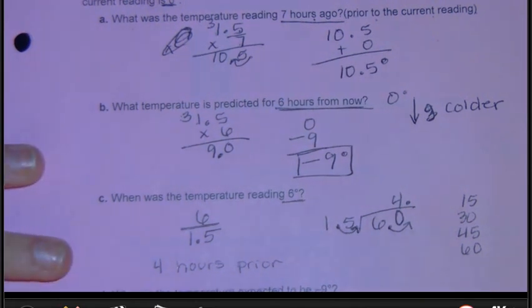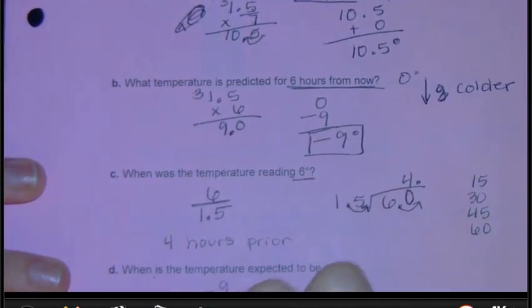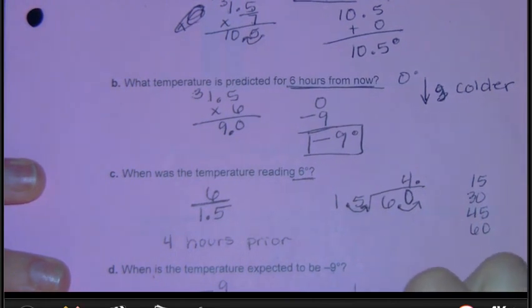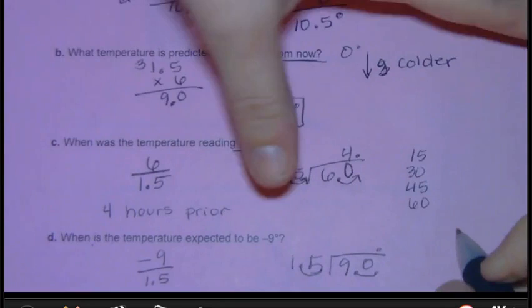When is the temperature expected to be negative 9 degrees? Well, I'm going to do the same thing. Negative 9 divided by 1.5. So I have 1.5 on the outside, 9 on the inside. Move our decimal yet again. Add the 0.